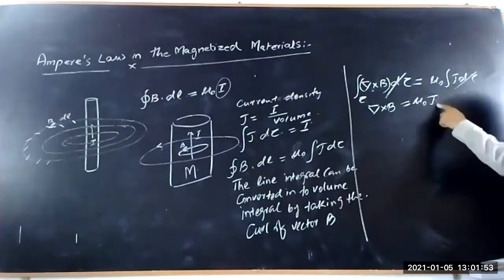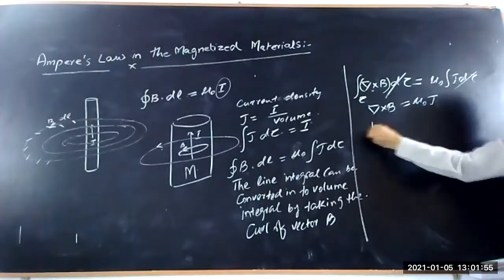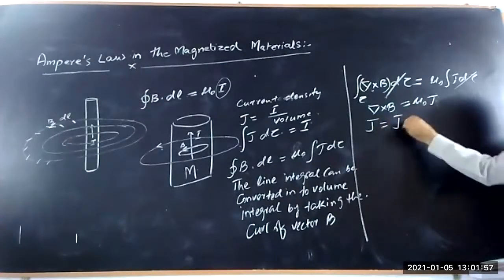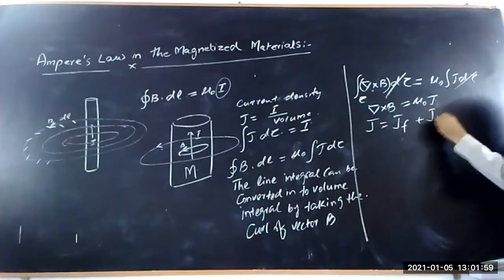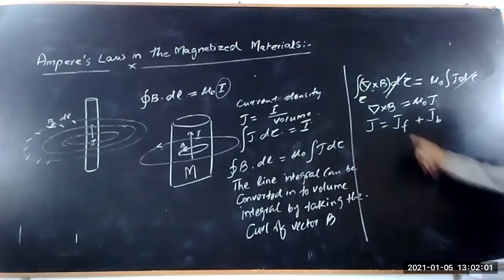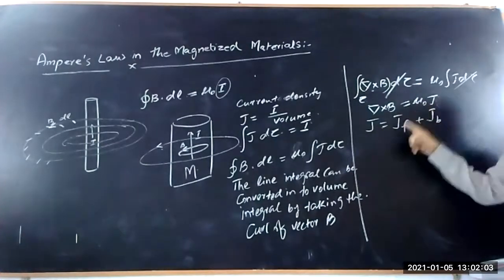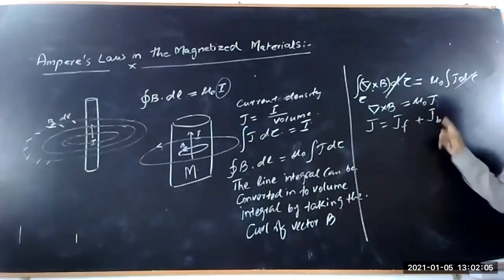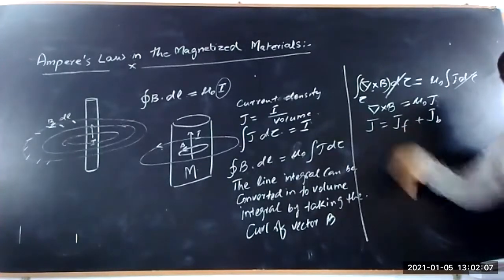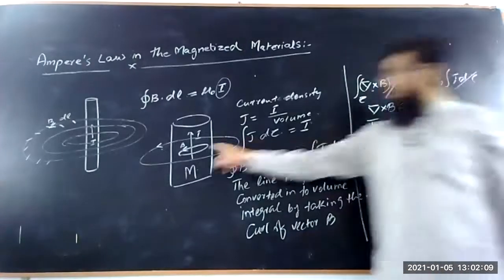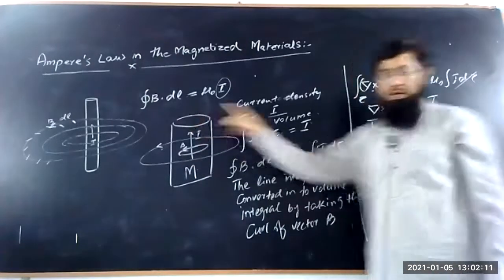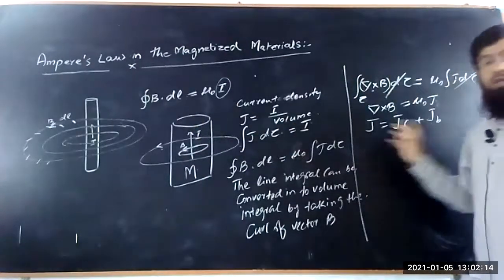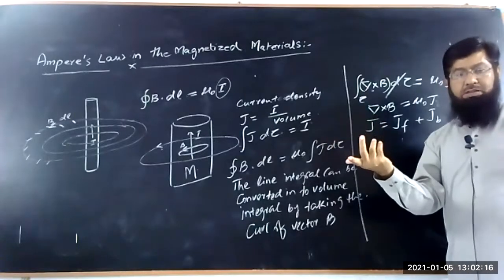J is the total current density, which is due to the free charges plus the bound charges. Free means free electrons which are moving in the wire. Bound means those electrons which are orbiting in the atoms.